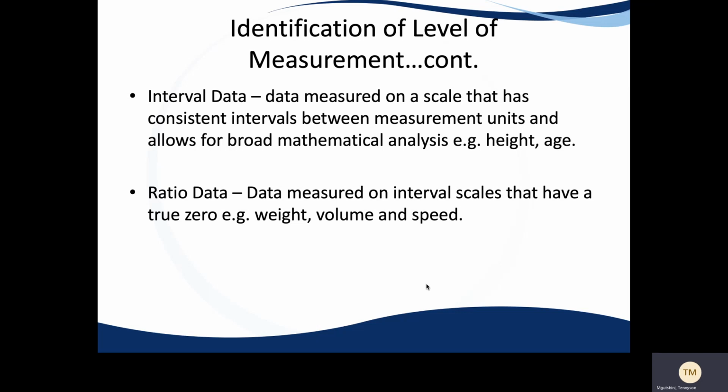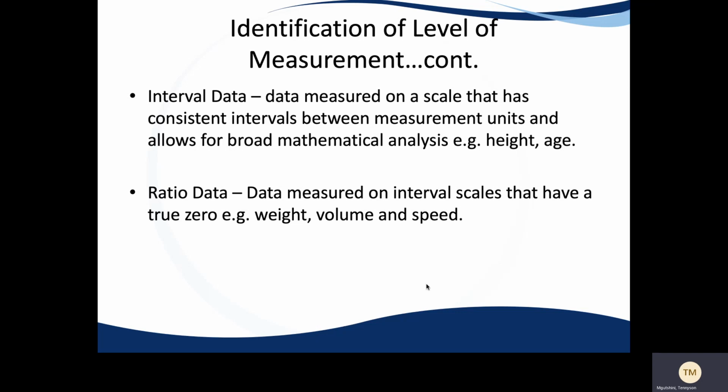So if your data is at the interval measurement level, then you are able to make comparisons between the things that you've discovered. But if you had used ordinal or nominal data, you cannot make those comparisons.